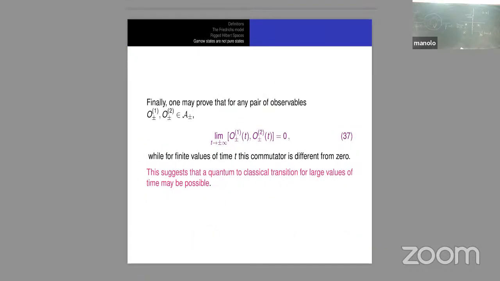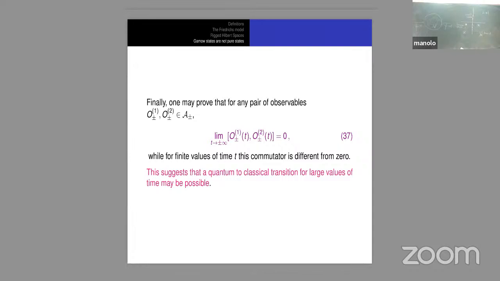And the last comment I want to make is just to mention a result that we obtained with a group from Buenos Aires, with Fede, with Sevi, with Marcelo, according to which we have proven an interesting result: for any pair of observables belonging to these algebras, you take the commutator and you make the operators of the algebra evolve.